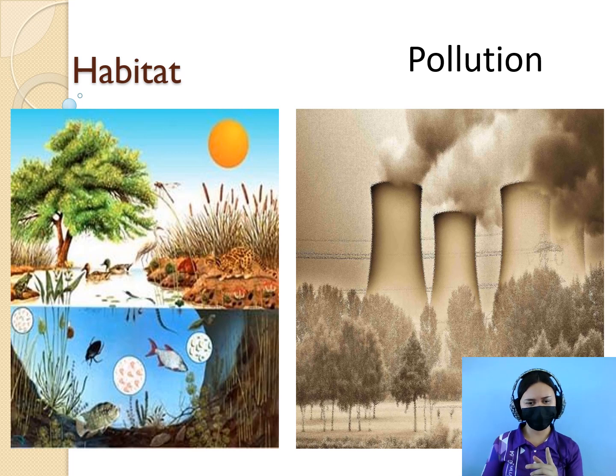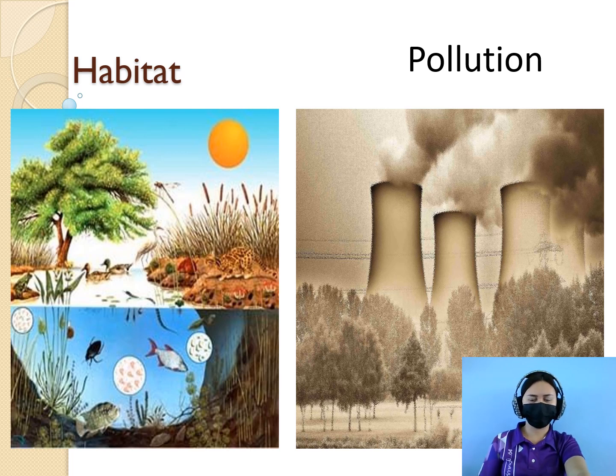For example, the fish in the pond. The pond is their habitat, like the monkeys living in the forest. The forest is their habitat, right? Or the monkey living in the jungle.